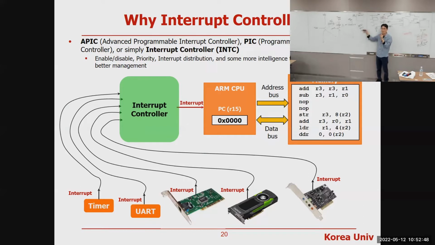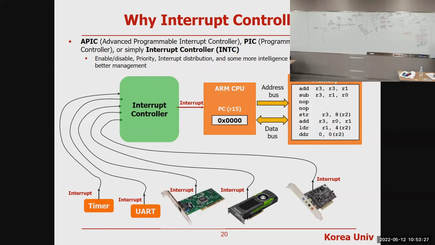Names are different, but functions are super similar: priority mechanism, fast response time. Some company says intelligent interrupt controller. Just a name, their advertising, marketing. So you want to implement a priority mechanism and some intelligent management for fast response, reduce interrupt latency, and better priority management.